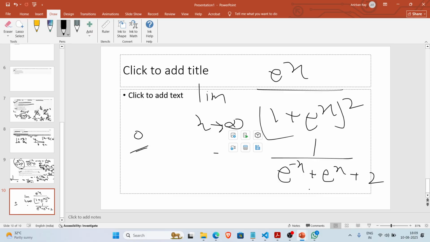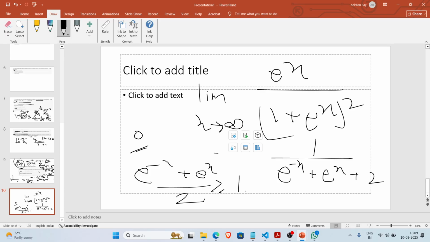Now, these two are positive, so by the AM-GM inequality, AM is greater than or equal to GM, e to the power minus x plus e to the power x is greater than or equal to 2 times the square root of their product, which is 1. This is always greater than or equal to 2.